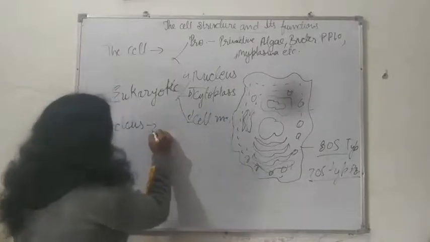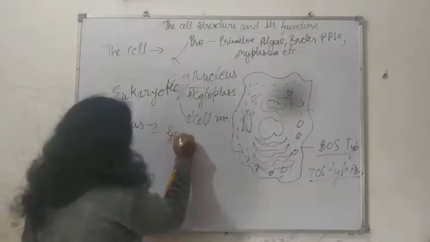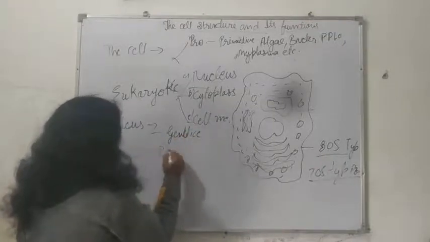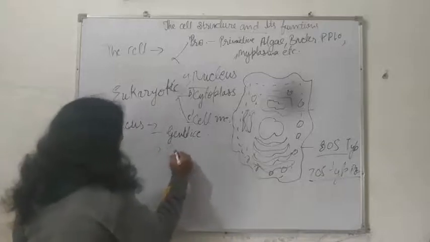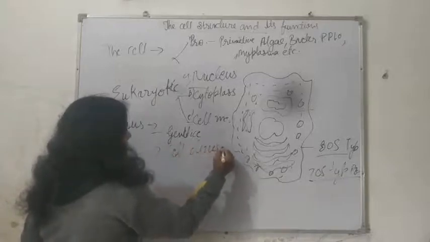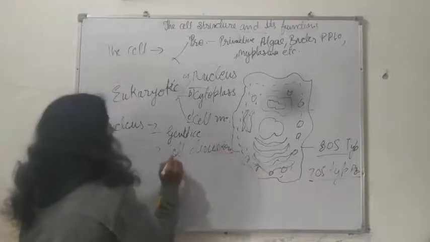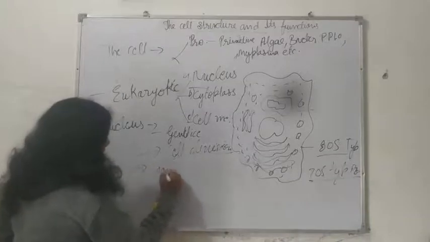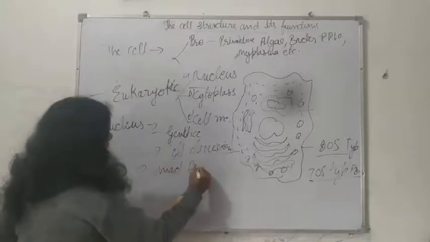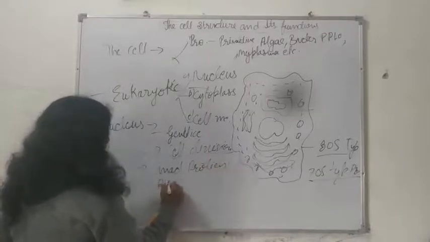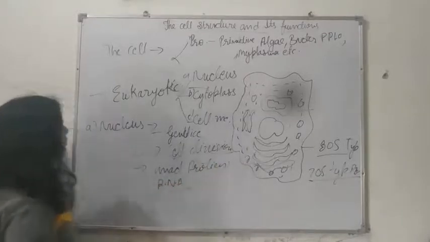It is responsible for genetic heredity and for performing cell division. Cell division is started from the nucleus, which makes the essential proteins and RNA. These are the functions of the nucleus.